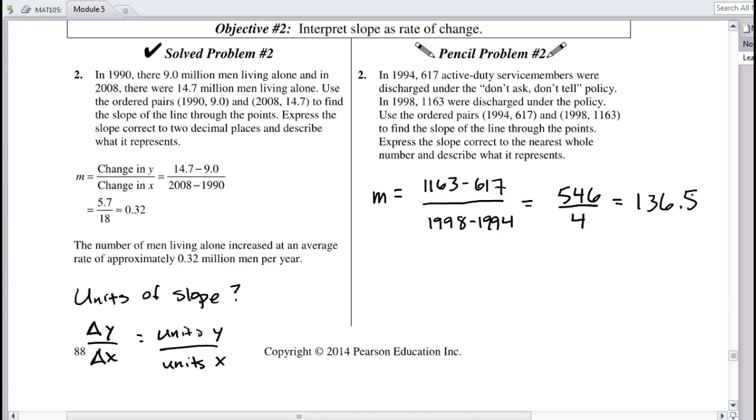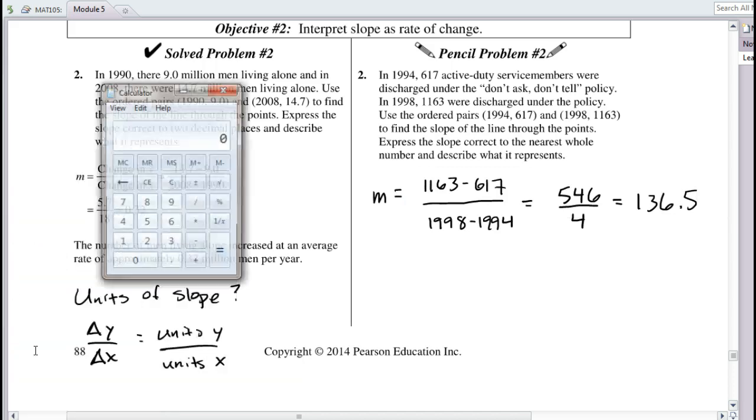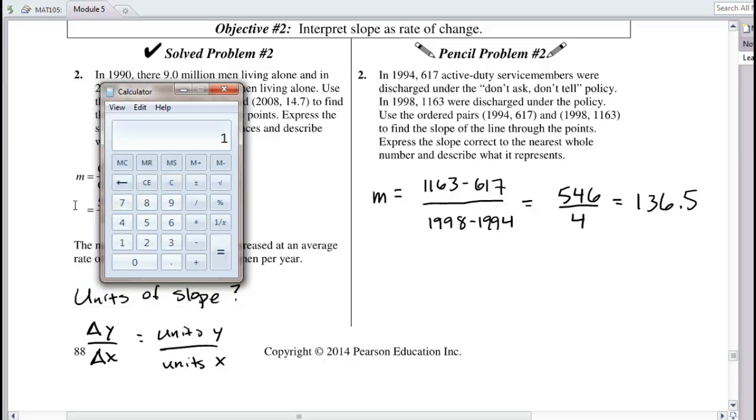So that should be 136.5. Let's double check it on the calculator so I don't make a mistake like I did last video. I always prefer doing mental math to keep me sharp. Okay, 136.5, we did it.